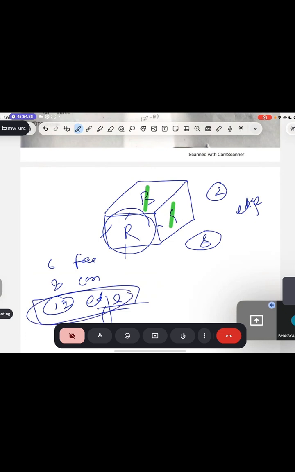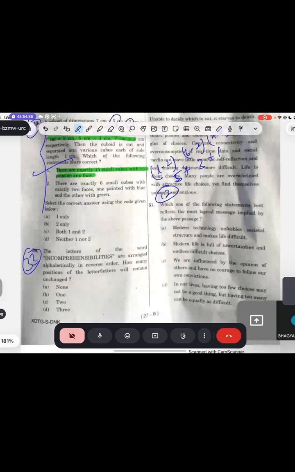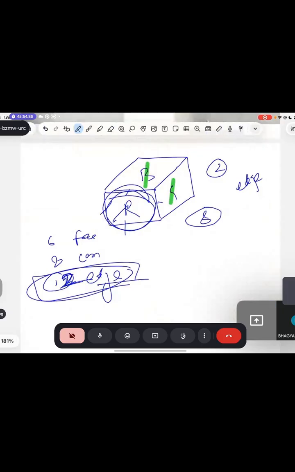We have 12 edges. So we have to remove only red. The total number of edges in any cuboid is 12, right?